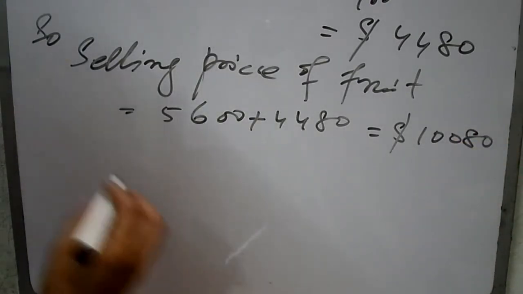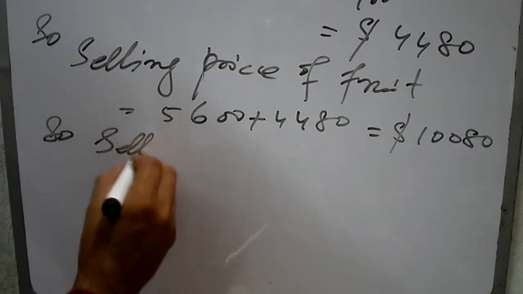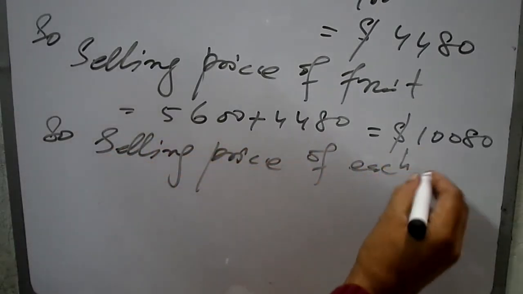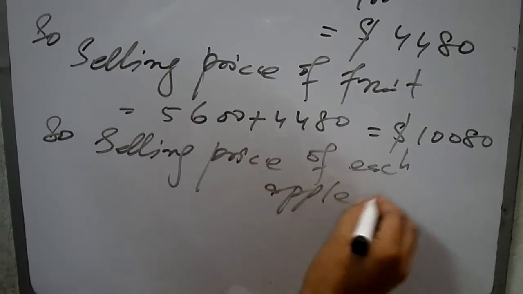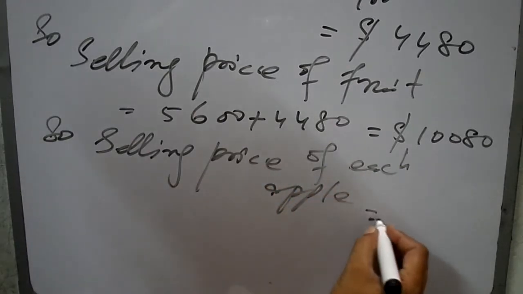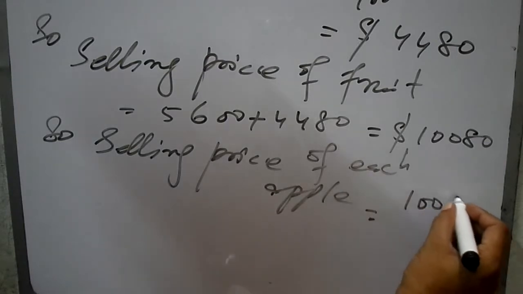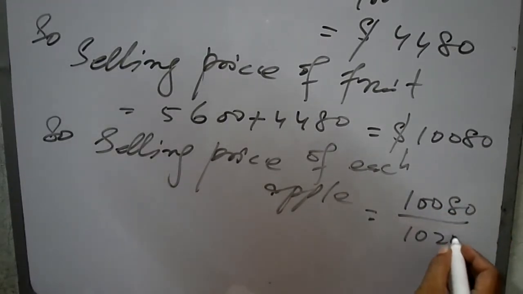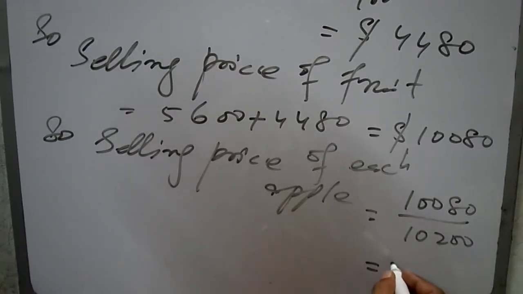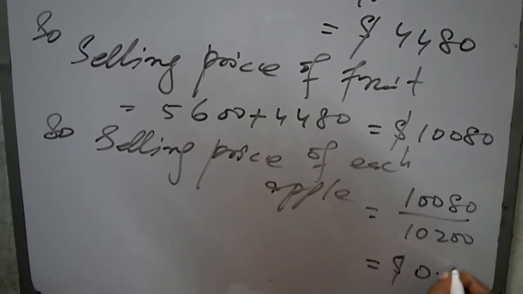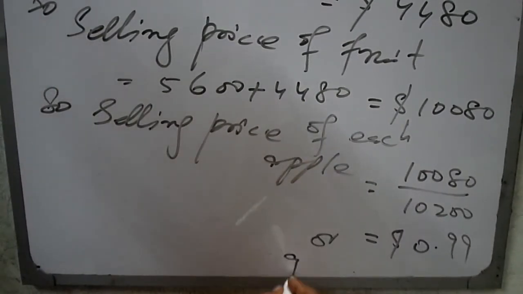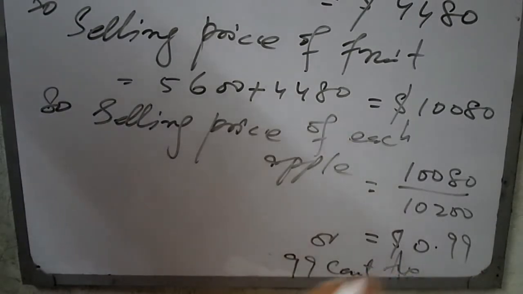So selling price of each apple, that is 10080, just we have calculated, divided by 10200, so you will get $0.99 or 99 cent, or you can say that 99 cent. So that is your required result.